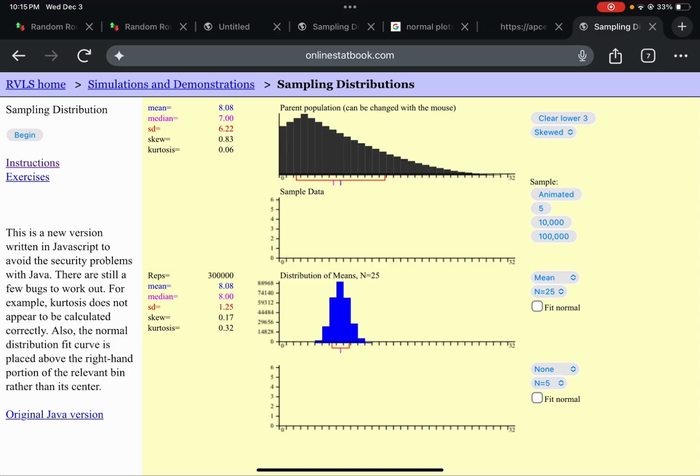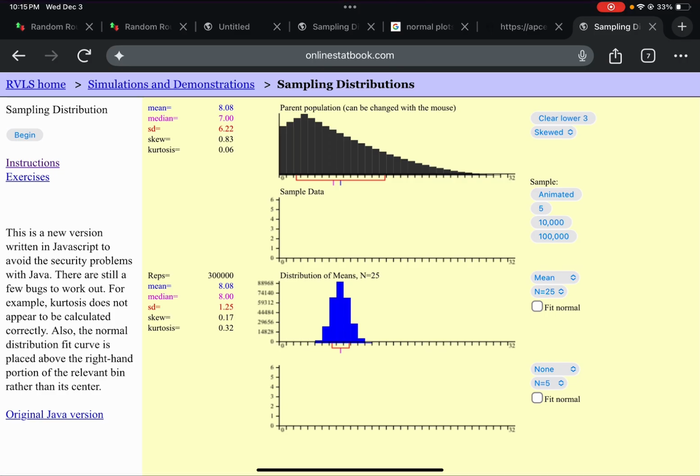So what you're actually witnessing happening right now is the central limit theorem. What the central limit theorem basically states is that the shape of your population distribution is irrelevant, because if your sample size is large enough, the sampling distribution of the sample mean is going to be approximately normal.